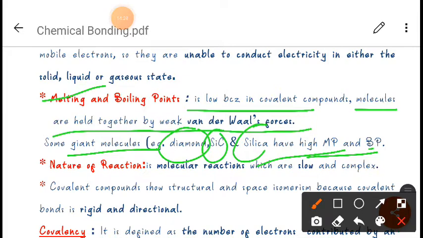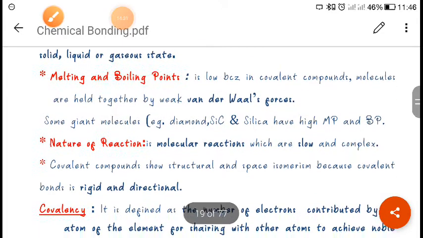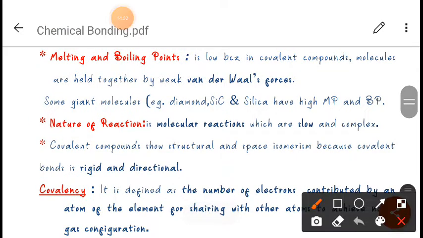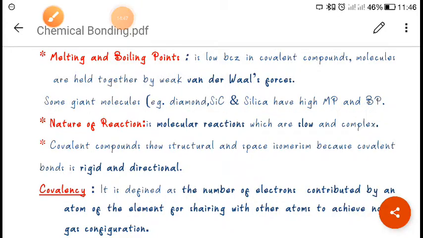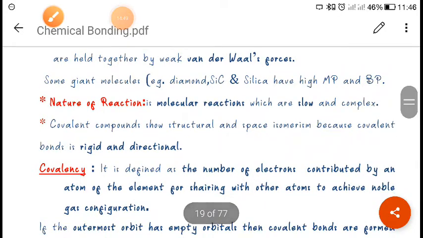This is just an exception, that they are having a very high melting point. We will learn about this in detail in your solid state chapter, why their boiling point and melting point is very high for diamond and silica like this, right. Now next is nature of the reaction.